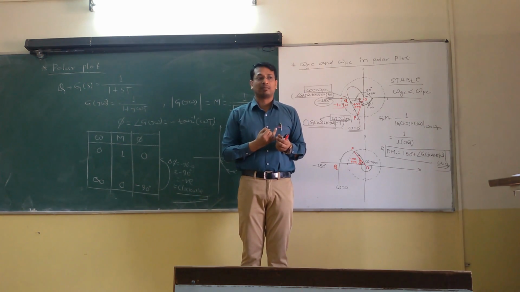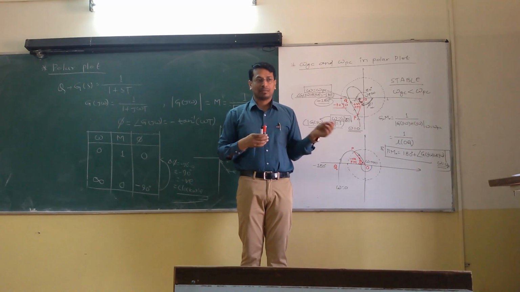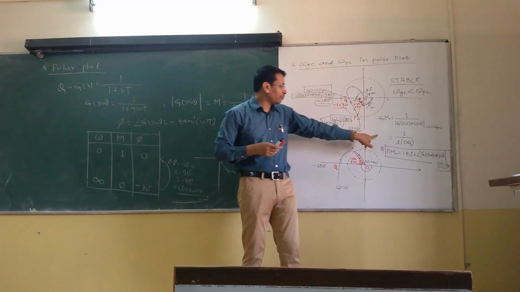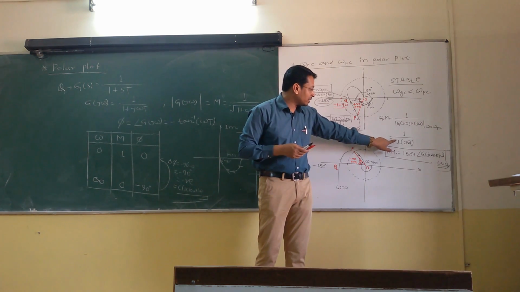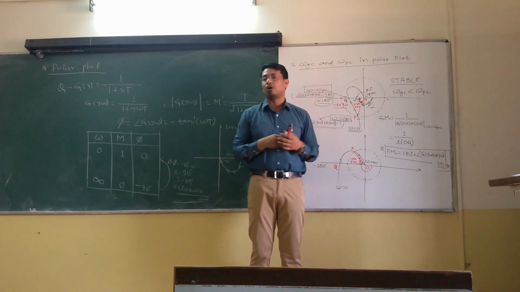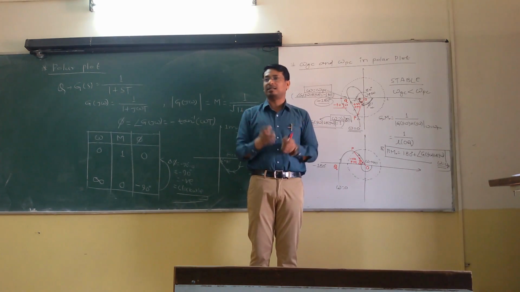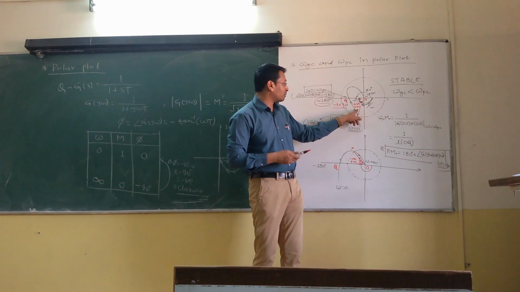Whether both the gain margin and phase margin are positive, then we are going to say your system is stable. If you take it on the dB scale, this absolute gain margin is greater than 1, then 20 log of some quantity greater than 1 will be positive. So gain margin is positive, phase margin is positive.